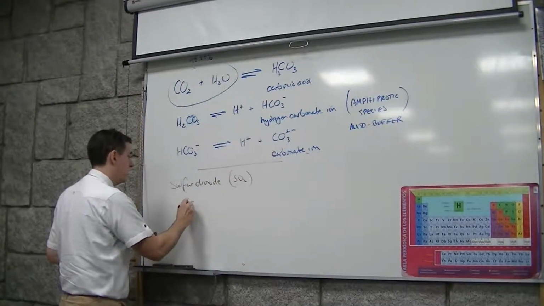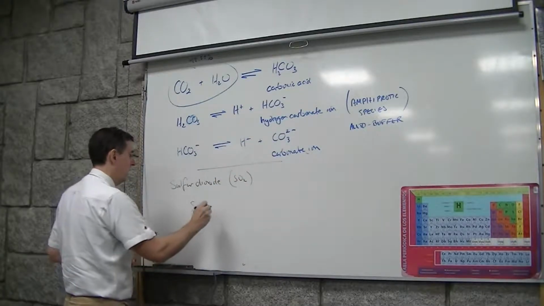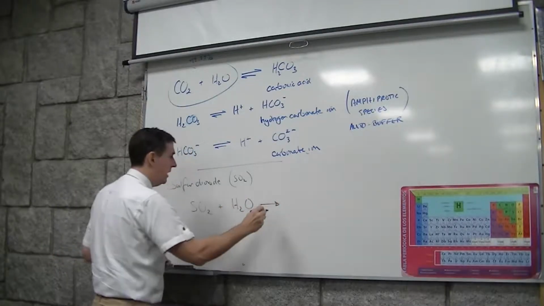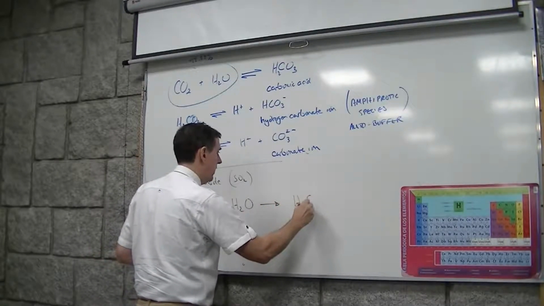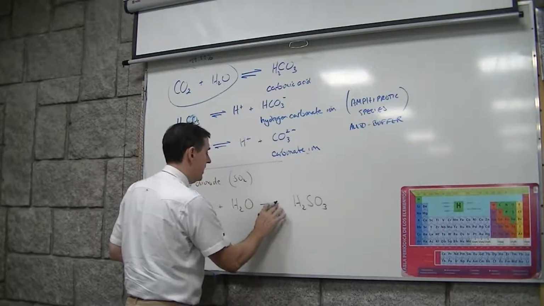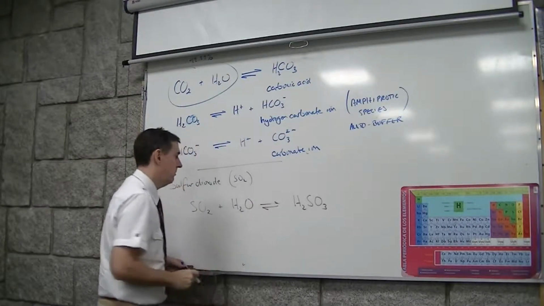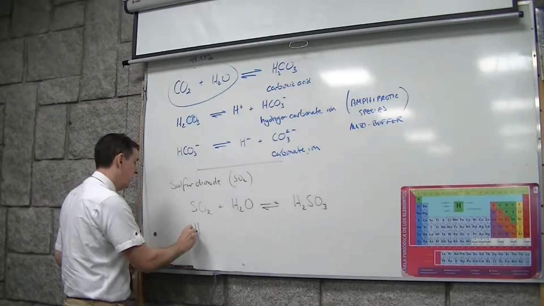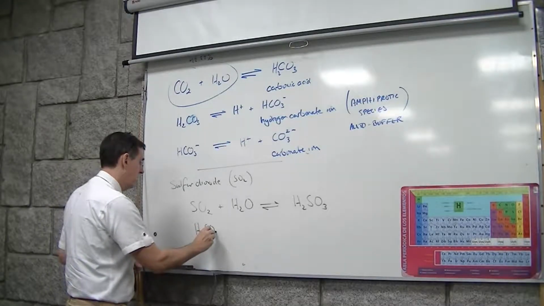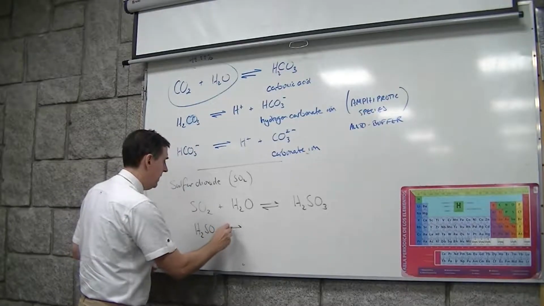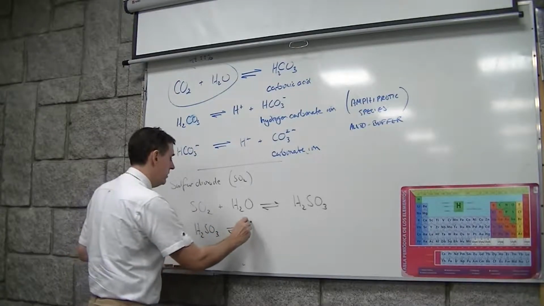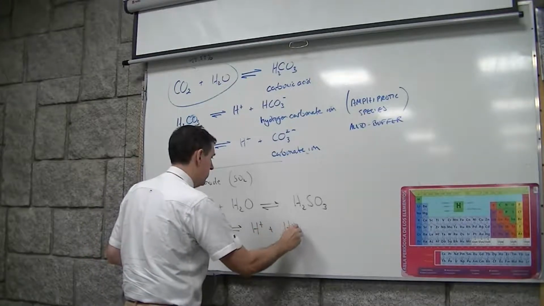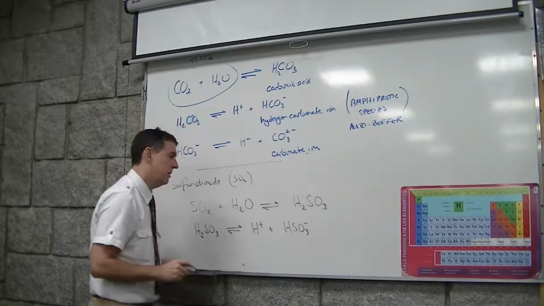SO2 interacts with water. And we get H2SO3, once again in equilibrium. And the H2SO3 can then dissociate to give H plus and HSO3 minus.